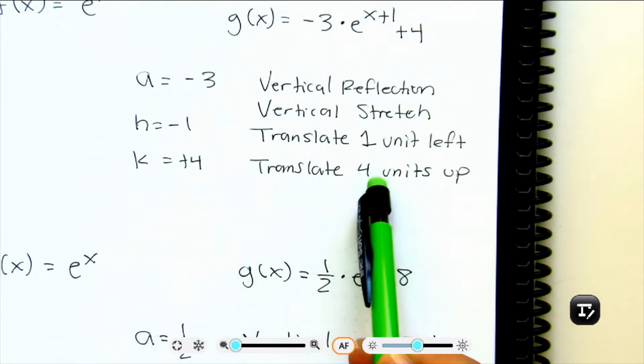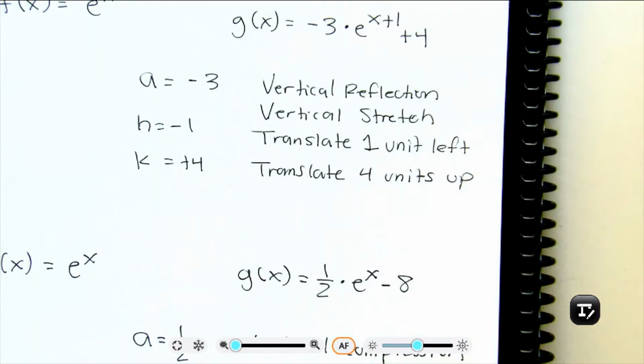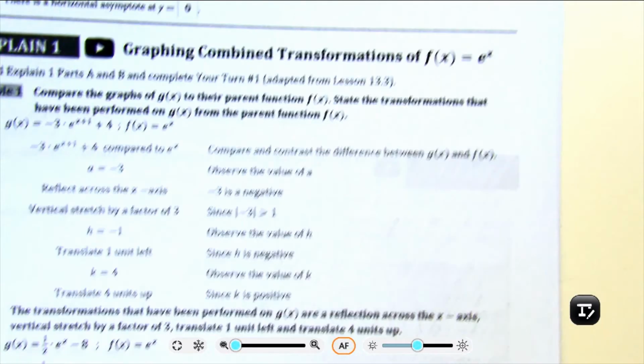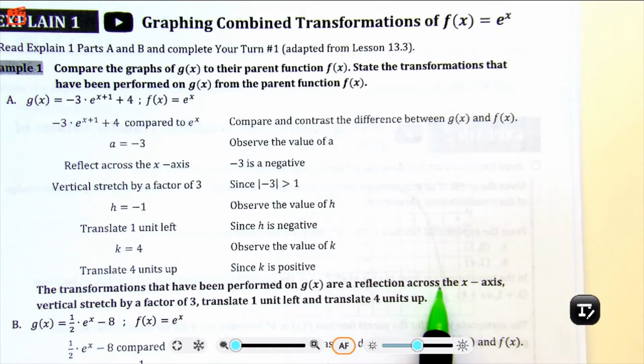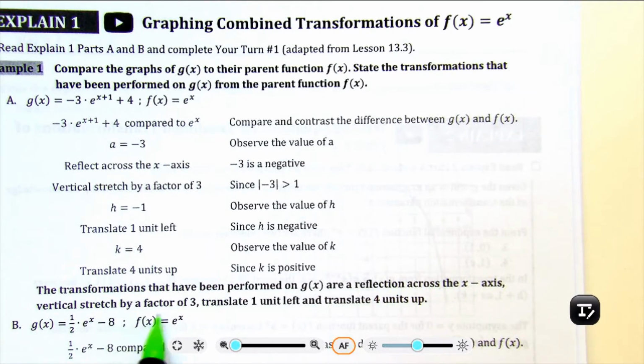Let's look at what they wrote as a solution. The transformations performed on g of x are a reflection across the x-axis, that's the vertical reflection part, a vertical stretch by a factor of 3, translate 1 unit to the left, and translate 4 units up. So that's what we got.